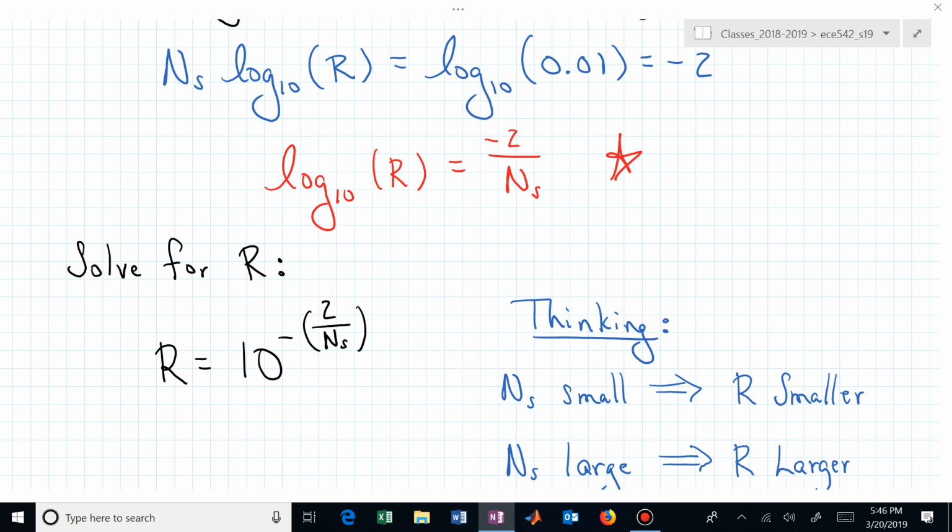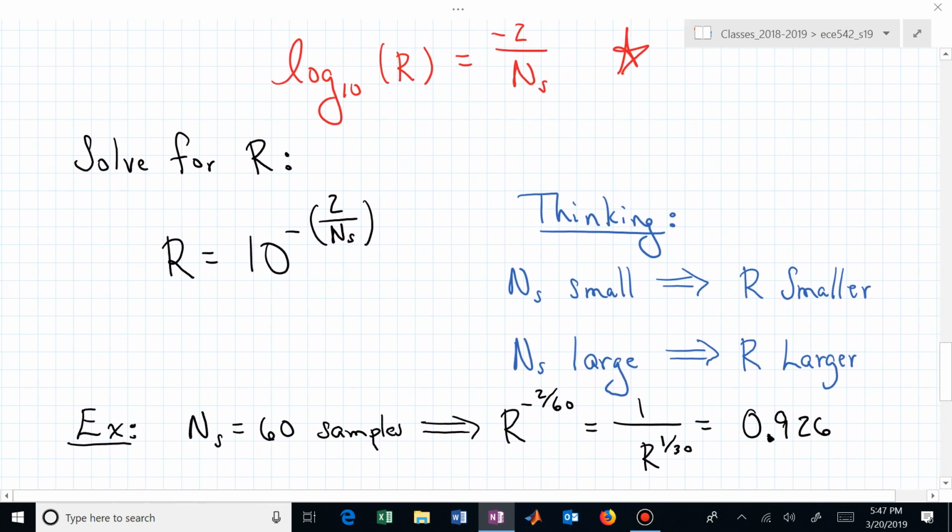If n sub s is small, and knowing what we know about our circles, we would expect our circle to be smaller than if n sub s was big. If n sub s was 100 samples versus n sub s equal to 10, that's going to make a big difference in our radius, or the value of capital R. That's the thinking. When you plug in a particular value for n sub s, you're going to generate an r, and you can plug in a couple different values for n sub s and get this perspective on the radius of these circles.